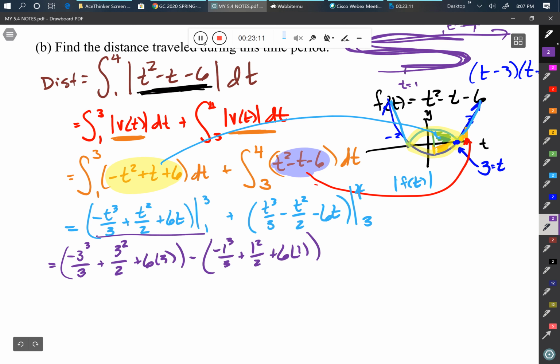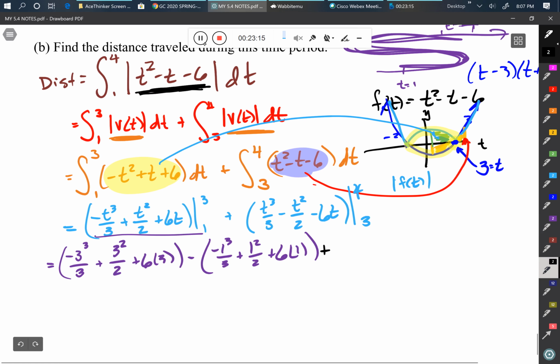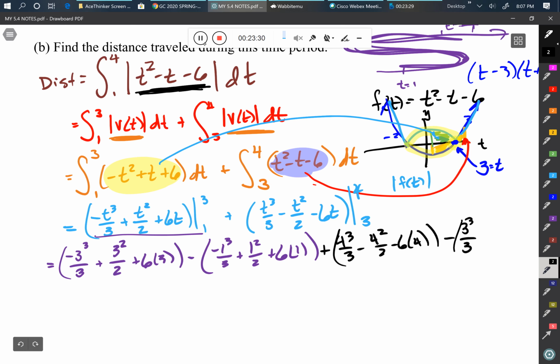that's just this first integral plus the second integral: 4 cubed over 3 minus 4 squared over 2 minus 6 times 4 minus 3 cubed over 3 minus 3 squared over 2 minus 6 times 3, and that's the second integral.